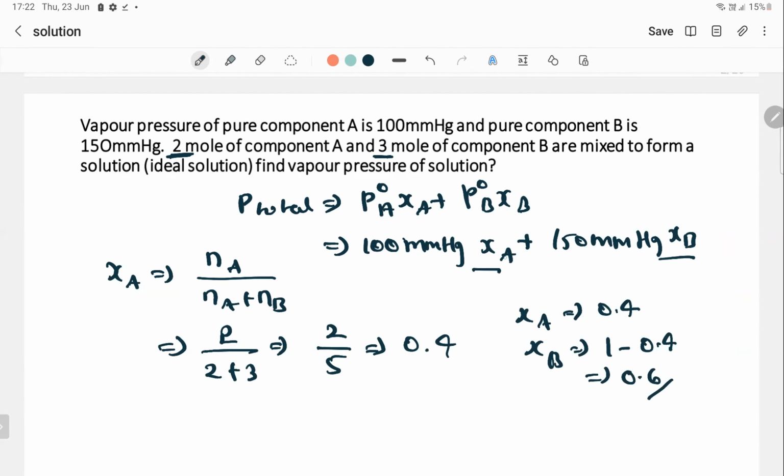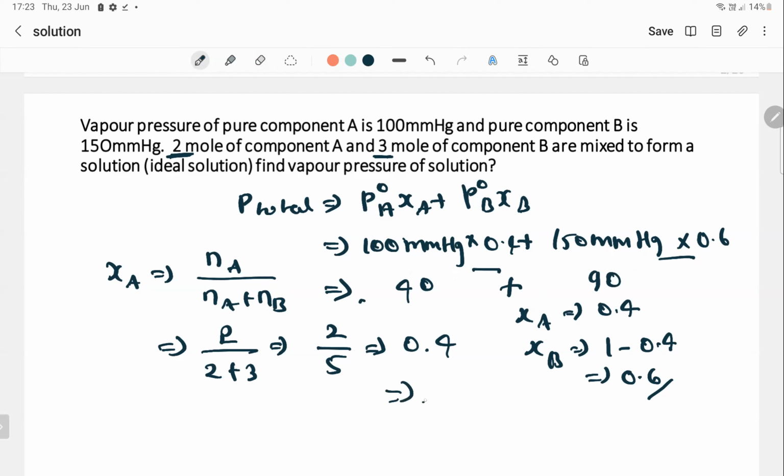So now substitute here. XA is 0.4 and XB is 0.6. So that is your answer. Okay, fine. This is 40 plus this one is 90.